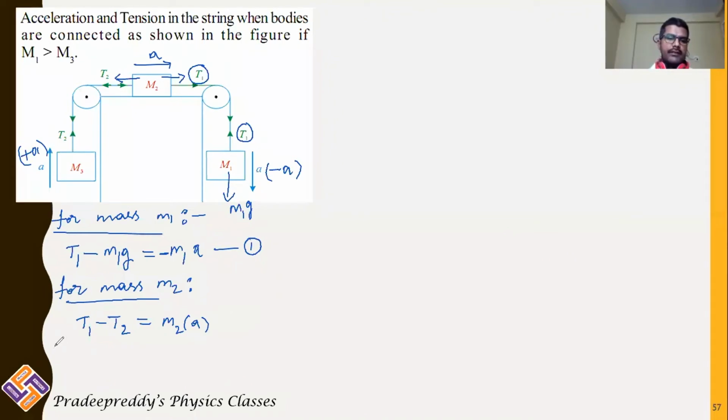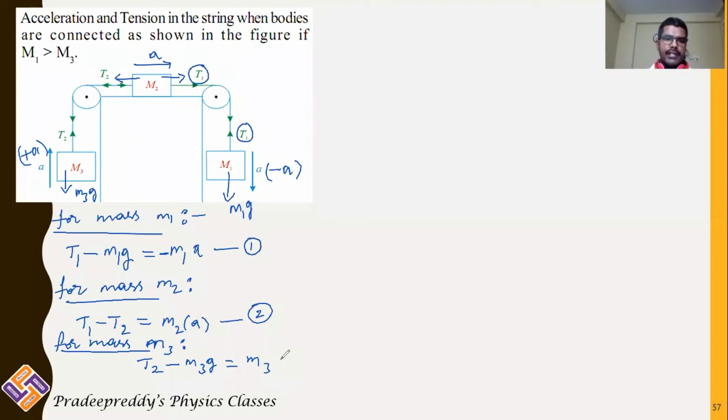Now next, take mass m3. For mass m3, the upward force is T2, the downward force is m3 into g. So T2 minus m3 into g is equal to m3 into a, since the acceleration is upward.